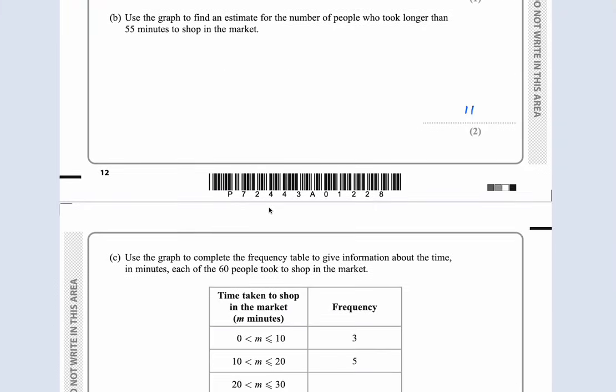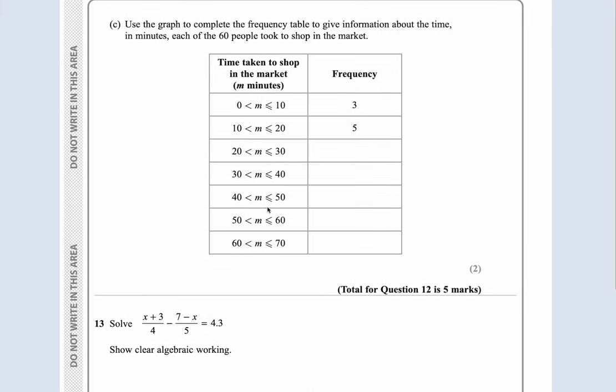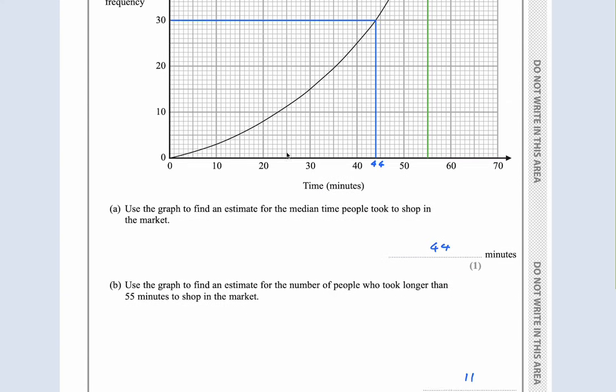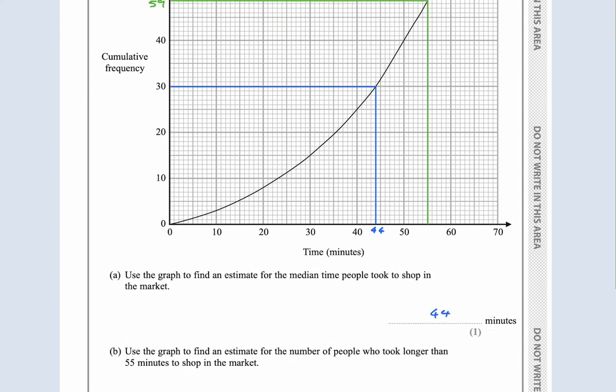Okay. Part C. Use the graph to complete this frequency table. Okay, so this is 2 marks, guys. Between 20 and 30, let's go to the end here. I'll go to 30 here. Now if I go up from 30, I get 15 people.